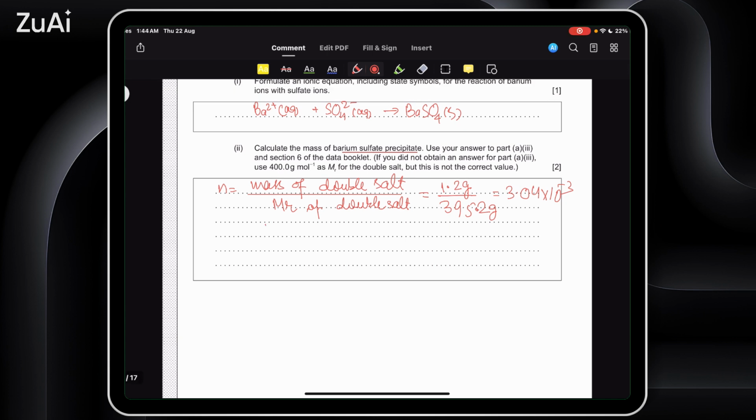And you have to times 2 because the ratio is 1:2.